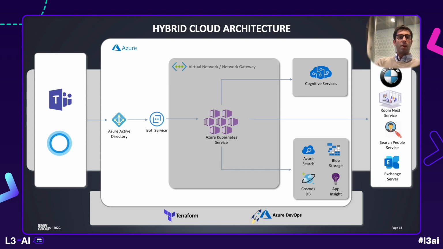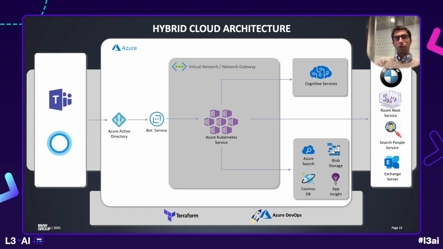Then we have the Azure Cloud, where we have Azure Active Directory, connected to the BMW Active Directory, so only BMW users can access our bot. And the bot service, as I explained before, is the entry point to the actual backend chatbots.